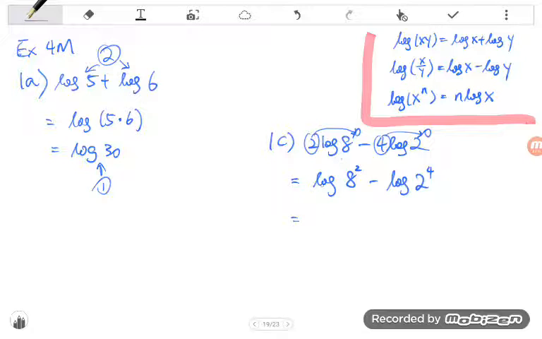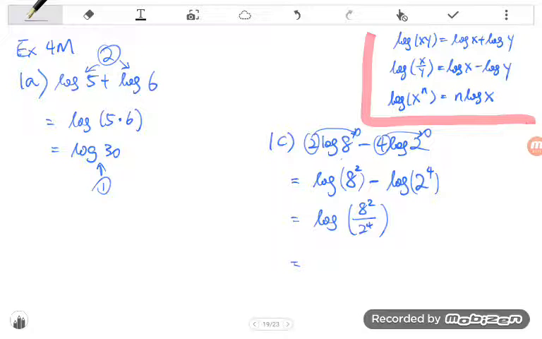Now I have log 8 squared minus log 2 to the power of 4. I have a subtraction between them, so I could use the second law. This will be simplified as log of 8 squared divided by 2 to the power of 4.